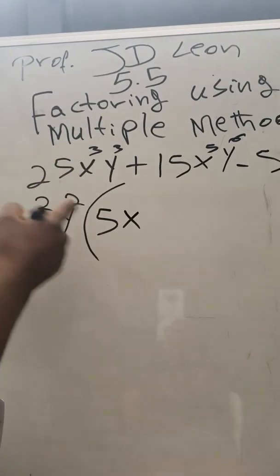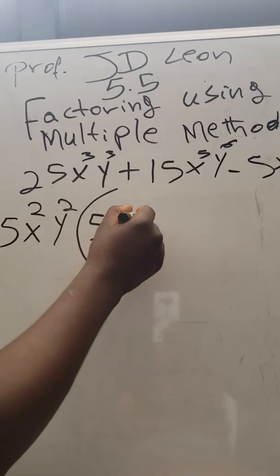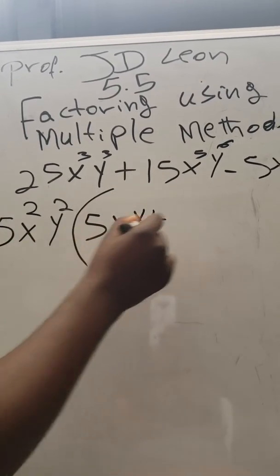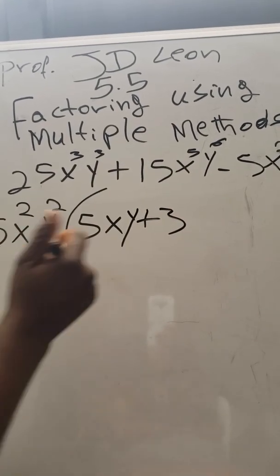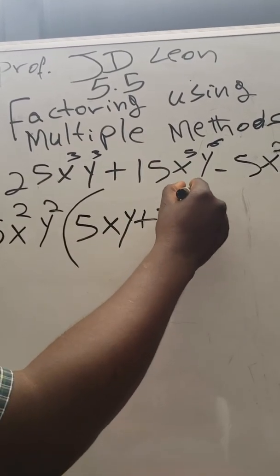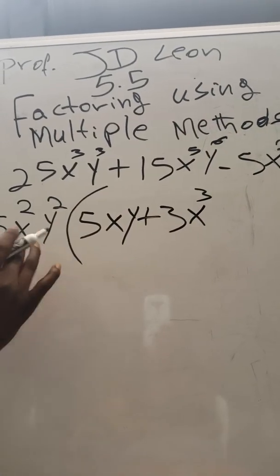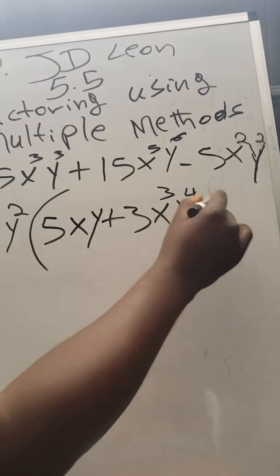So 3 minus 2, just x. And then y cubed divided by y squared would just be y. And then your plus sign. 15 divided by 5 would be 3, right? x to the fifth power divided by x squared would be x cubed. y to the sixth power divided by y squared would be y to the fourth power, right? And then your minus sign.